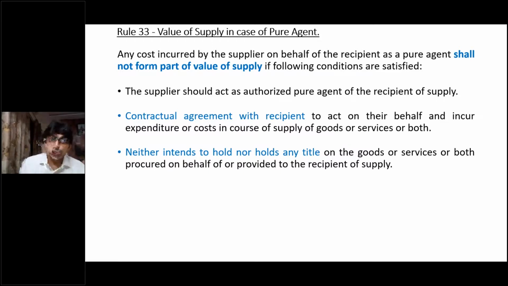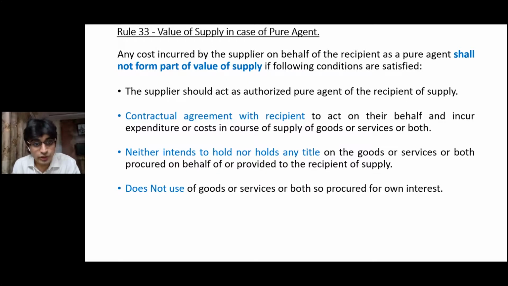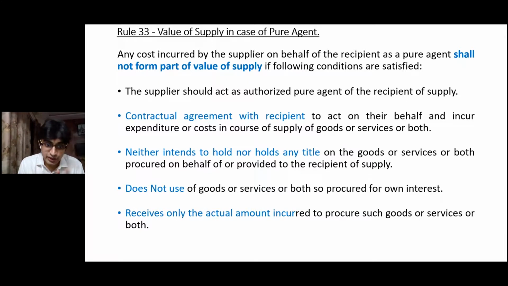Imported goods belong to Mr. A. The CNF agent has just taken custody of the goods and given them back to Mr. A. The CNF agent is not using any goods or services. And the CNF agent recovered only how much? Whatever the 15,000 expense was, it recovered only those 15,000, nothing more. So if all these conditions are satisfied, then that reimbursement is outside of GST. Else not.